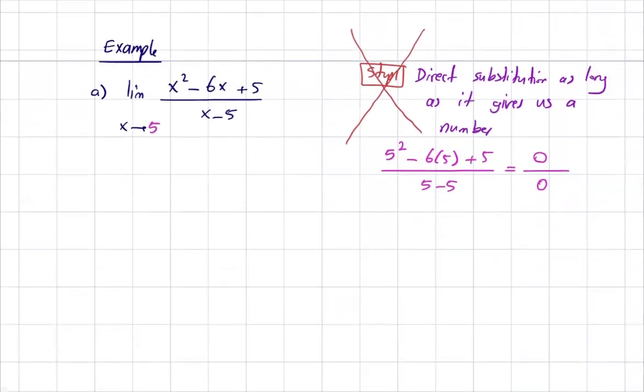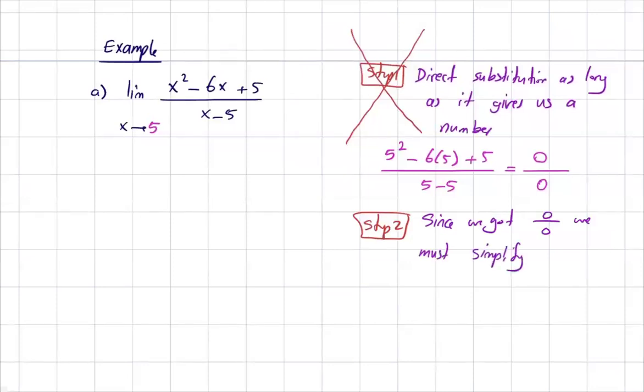This is indeterminate form. In step 2, since we got 0 out of 0, we must simplify our rational expression.